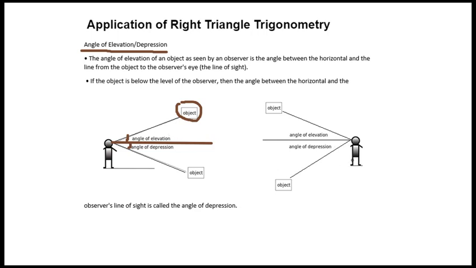Same thing for this diagram. Look up at an object, so you form an angle of elevation. If you look down at an object, you will get the angle of depression.